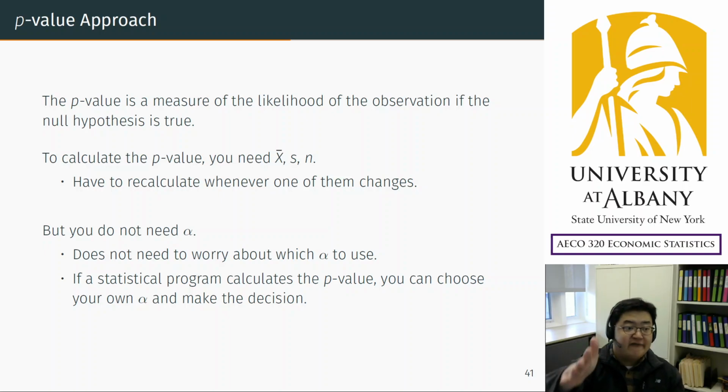You choose alpha and make the decision. This is the most common way to implement hypothesis testing, and usually the p-value is reported to show the results.